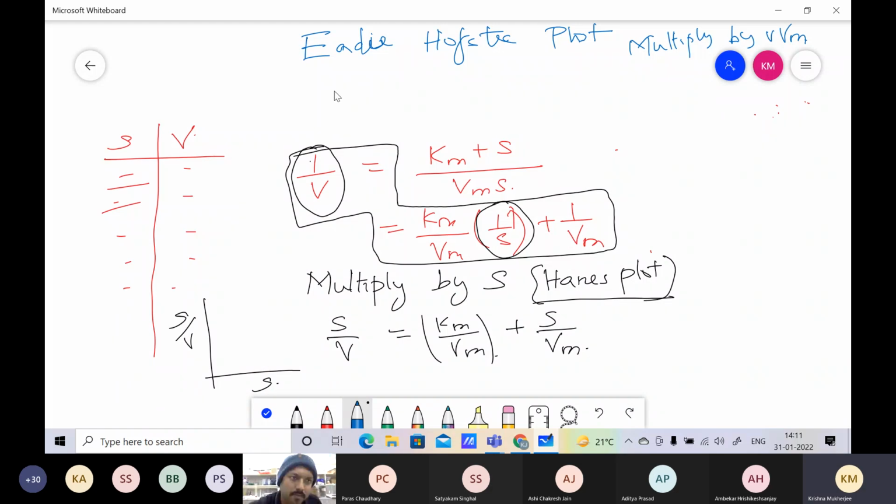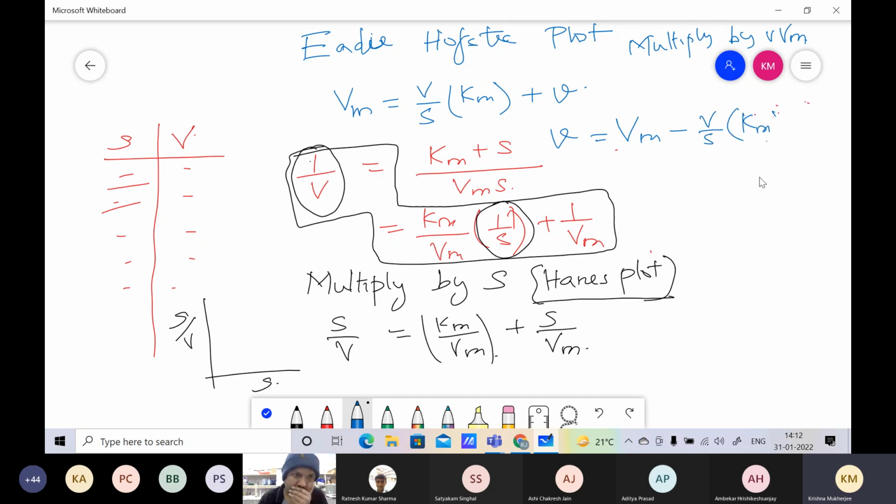So the first expression will become simply Vm is equal to Km into V upon S, and then plus V. So you can write V is equal to Vm minus V by S into Km.